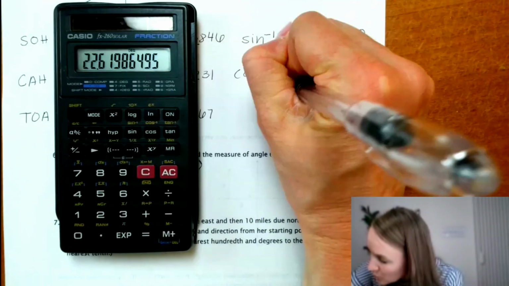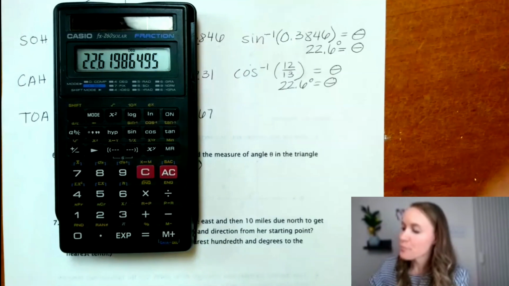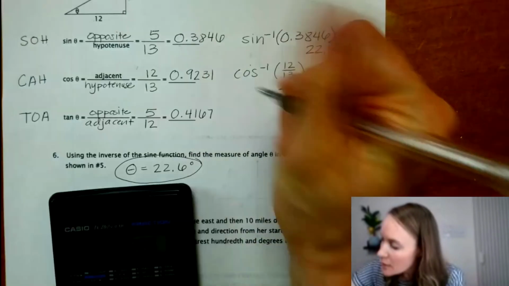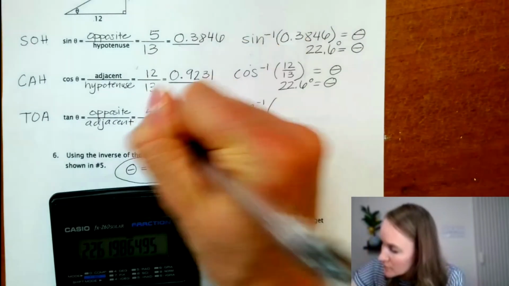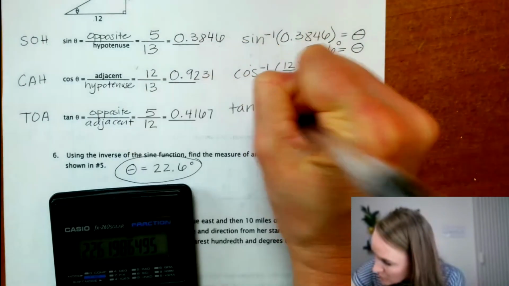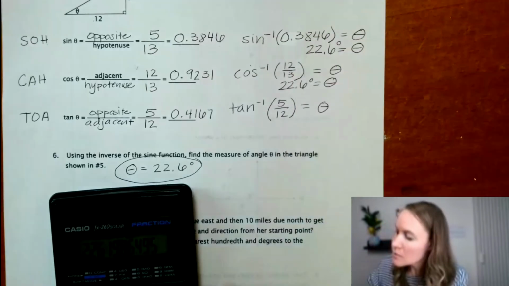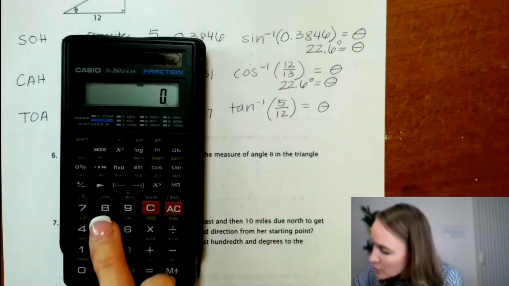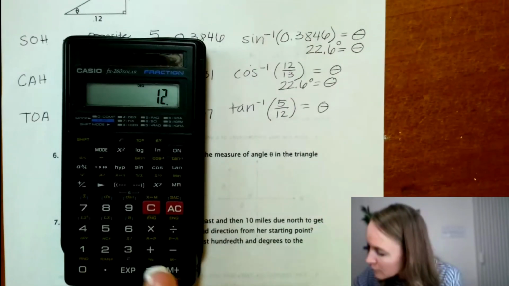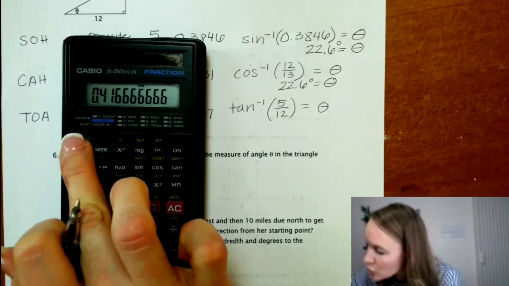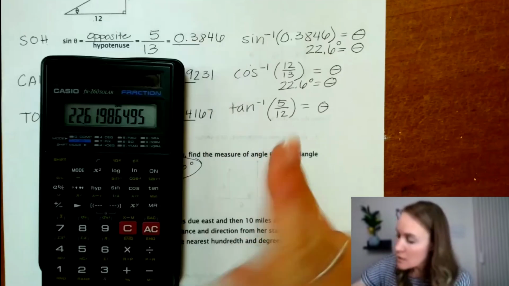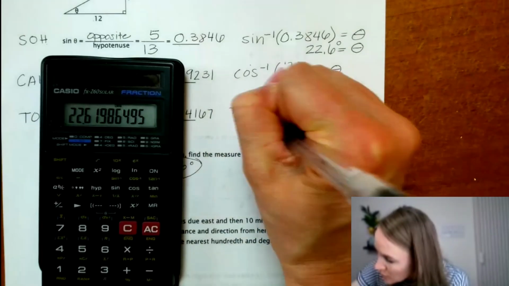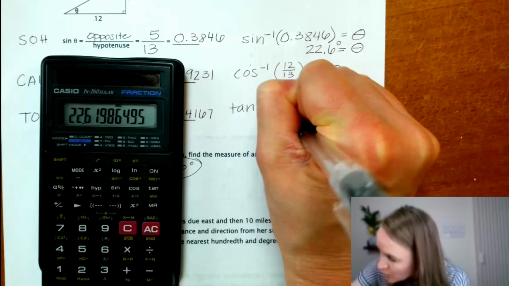So 22.6 degrees. Okay, let's try the tangent. The inverse tangent of 5/12 equals theta. So we do 5 divided by 12 equals, and then we do shift tangent, and that's 22.6. So theta equals 22.6 degrees.